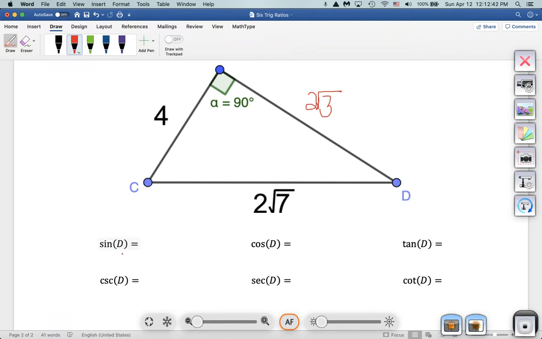So for instance, the sine of D. Now again, the first thing I'm going to do is find my D. Here's my D. If this is my D, or the angle I'm looking at, I'm going to first label the hypotenuse. The hypotenuse is across from the right angle. So this would be my hypotenuse.